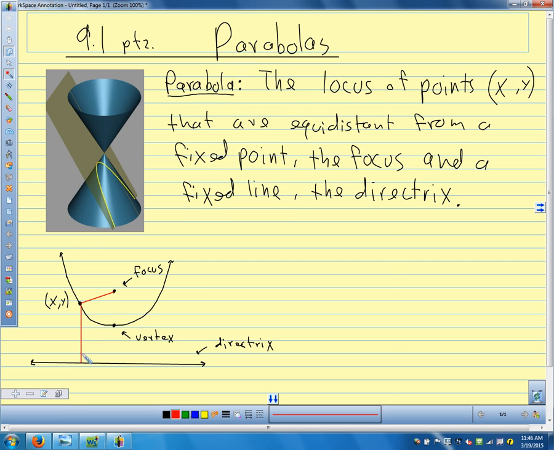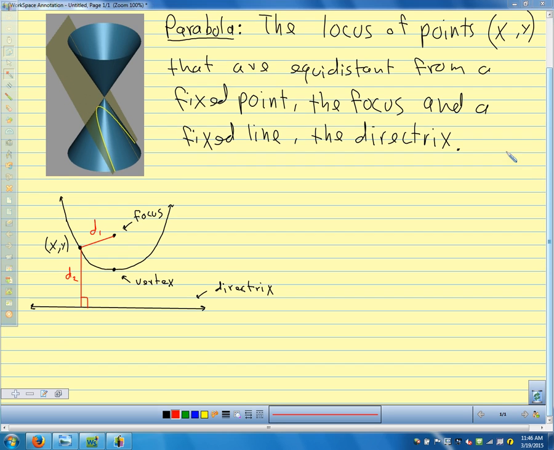That's how we find distances, with a 90-degree angle. I'm going to call this D1 and this D2. For every point on the parabola, if we connect the point to the focus and the point to the directrix, D1 equals D2. So that's what this locus definition tells us.